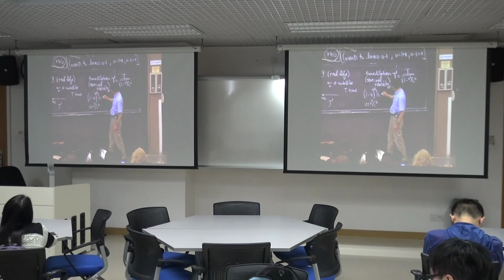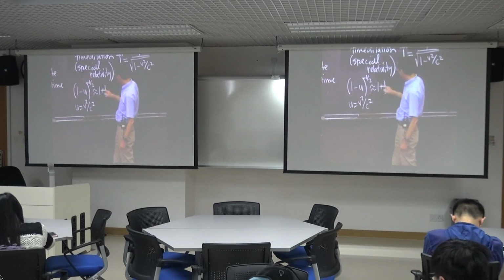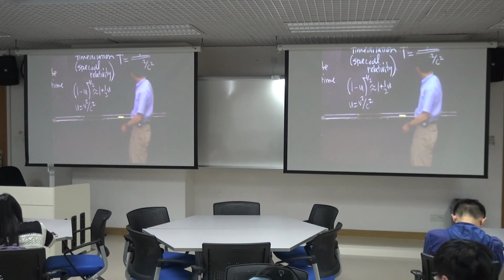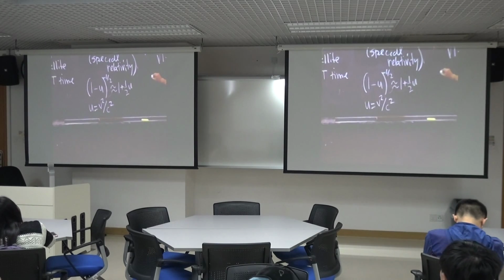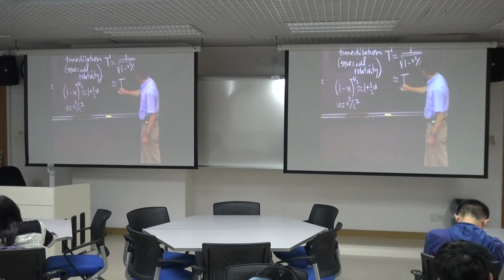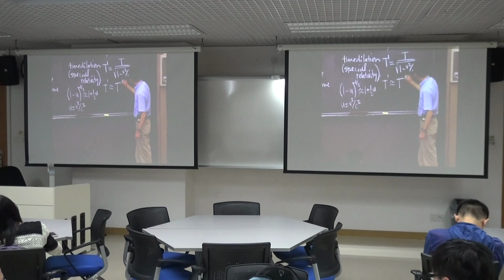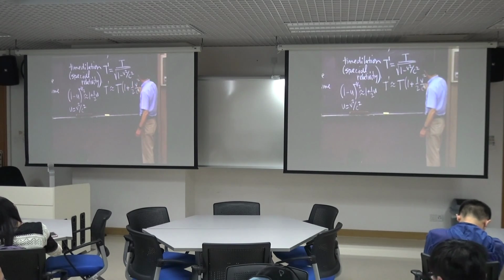So this is minus minus a half, so it's 1 plus a half u. All right? So this is approximately, by the same rule, t prime is approximately t times 1 plus a half v squared over c squared.